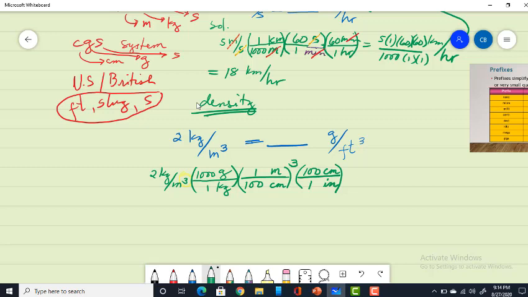So you need also to multiply this 3 times. So write 3 also in here. So we can now cancel centimeters. So let's cancel the centimeter cube in here. The meter cube. The gram. The kilogram.